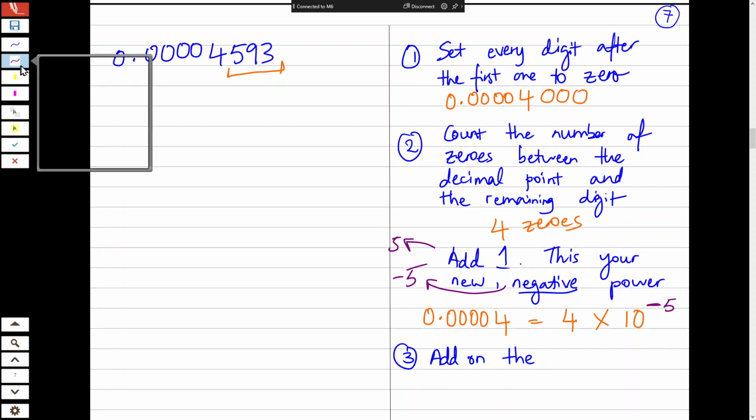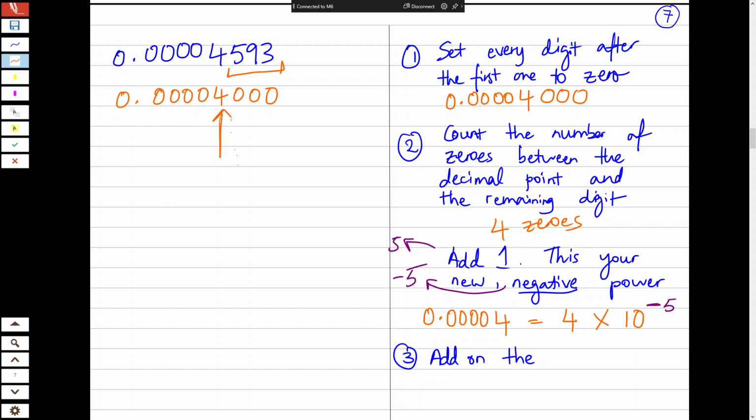Okay, so maybe this will help, McKenna. We've previously just calculated the scientific notation of this number here, 4000. Okay. So this number here represents 4 times 10 to the minus 5. If you do 4 times 10 to the minus 8, you're going to get this. 1, 2, 3, 4, 5, 6, 7.